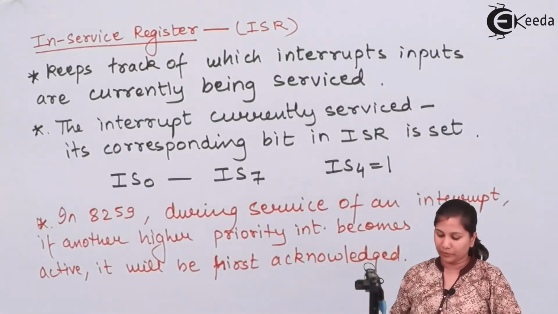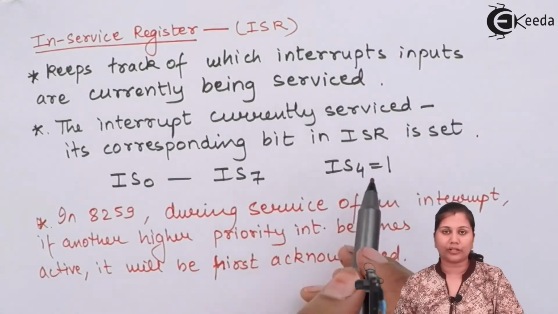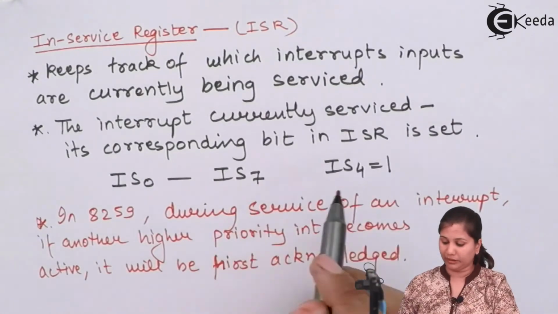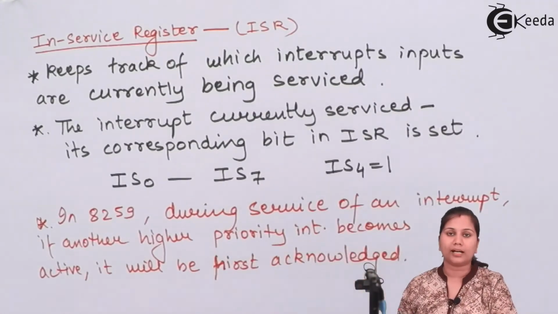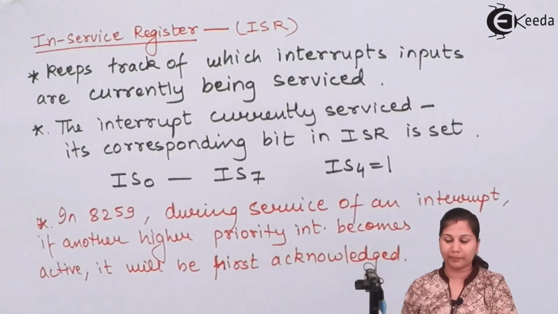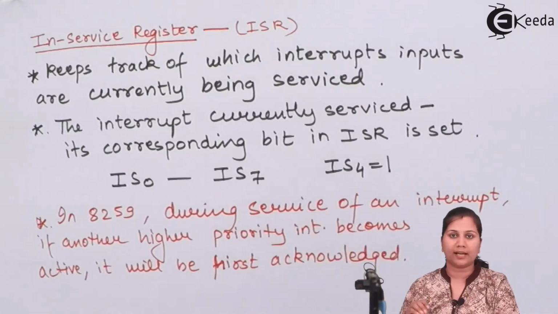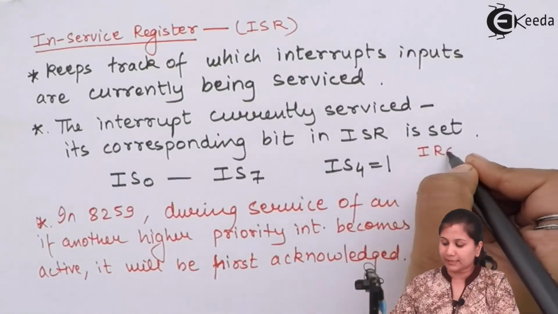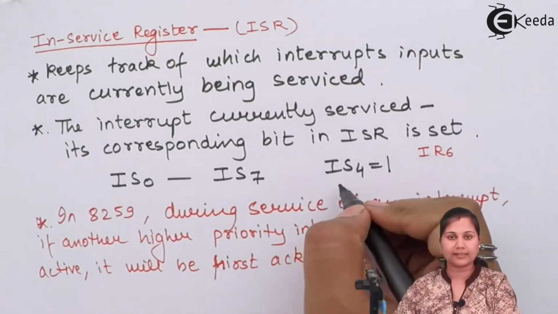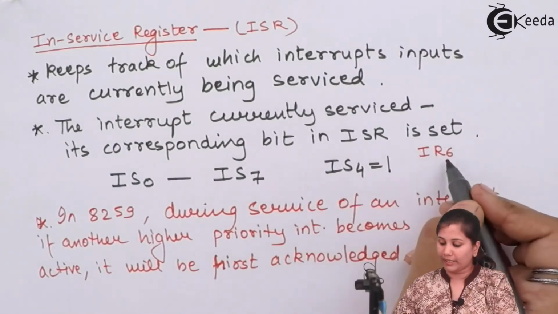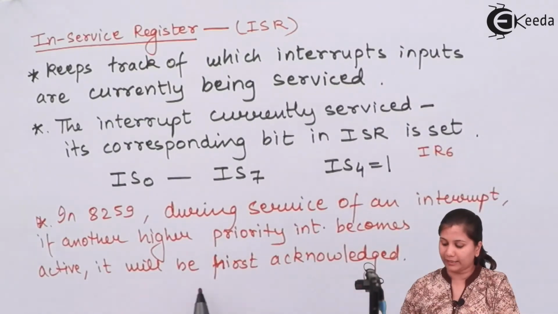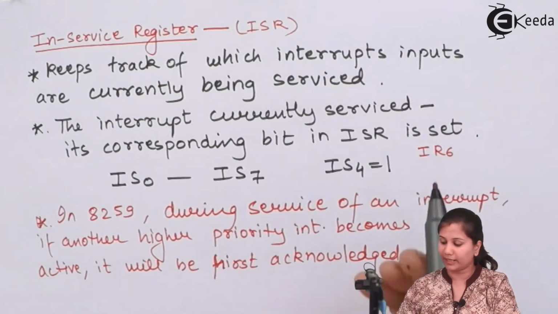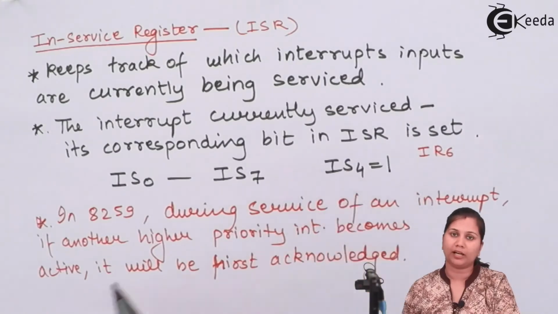Suppose that this IS4 is in service, and in between the service of this interrupt, another interrupt which has higher priority than this interrupt becomes active. Suppose that IR6 has higher priority than this interrupt. So IR6 becomes active and it will be acknowledged first, and then IS4 will be acknowledged.